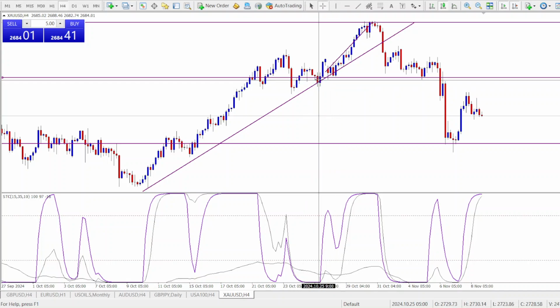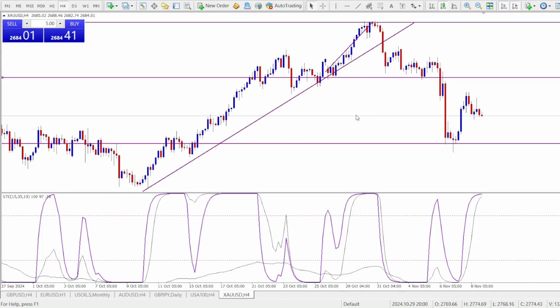So if we had entered a buy around here, we would have caught somewhere around 580 pips, and that would have been a good catch. Now, to wrap up, we are just going to be looking at some key takeaways. It's important to know that the STC indicator, although a nice indicator which can be effective, should be combined with other tools or indicators like trend lines and horizontal support and resistance levels.